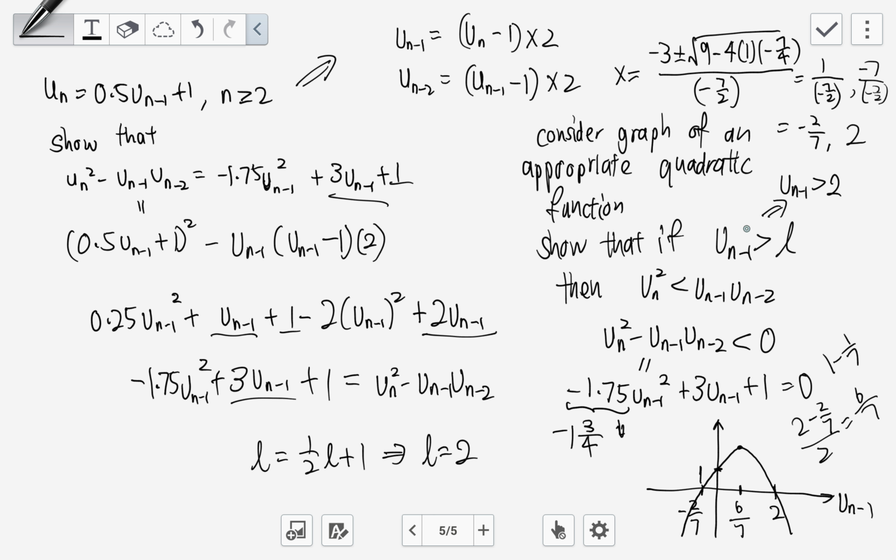So we want when u_n minus 1 is greater than 2, that means this part. At this part, what is this graph? This graph is actually this equation.